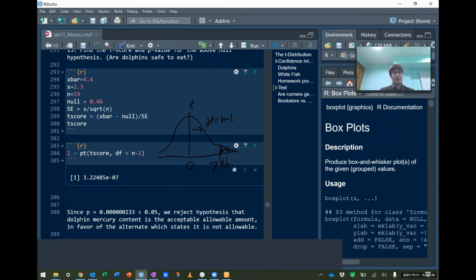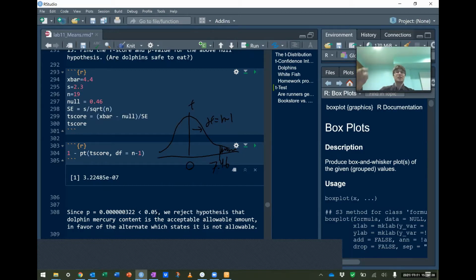And here's an interpretation. This value, 3.22 e to the -7 means I have 6 zeros. And then the 7th decimal place is after the 2. Oh, it should be 322. That's a small value, very low p-value.